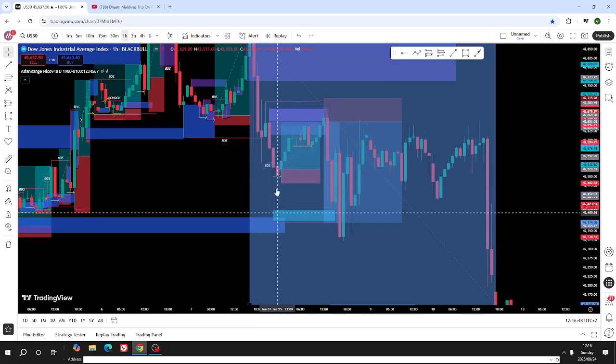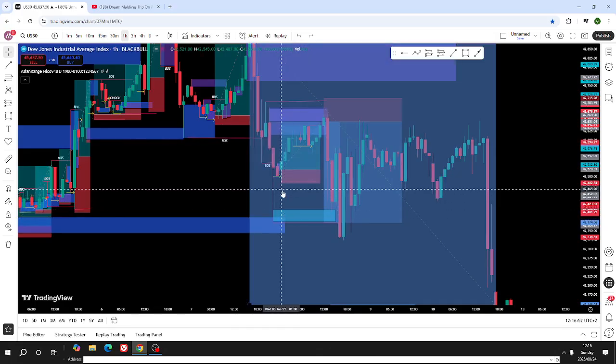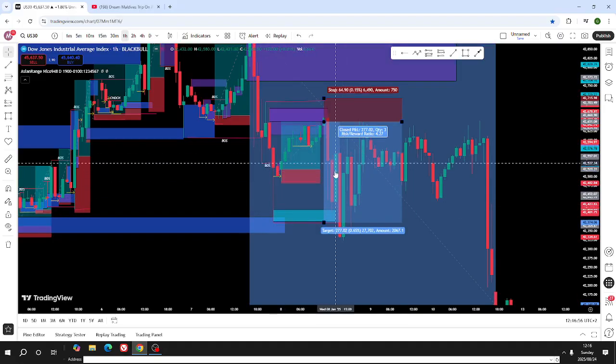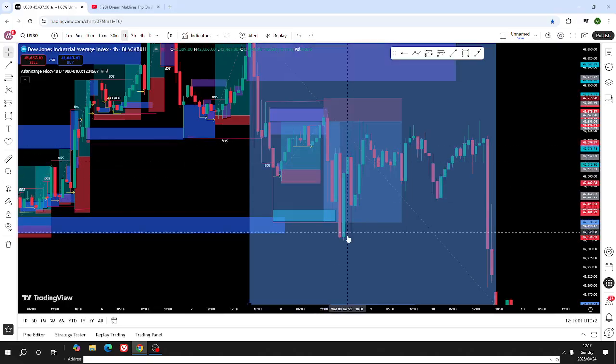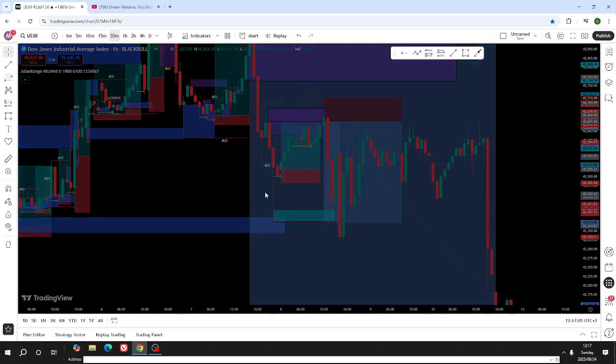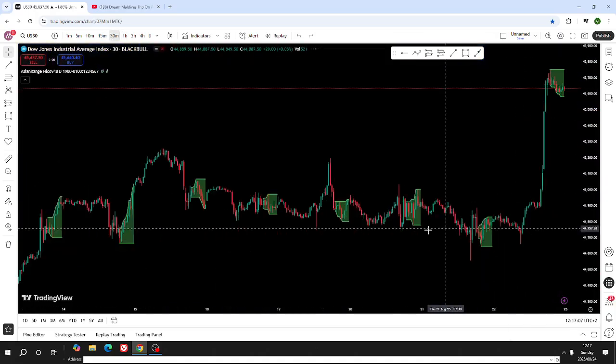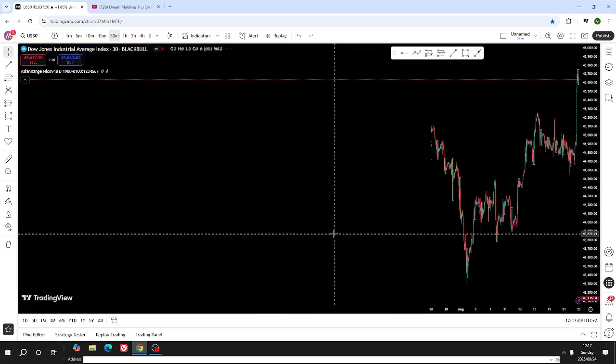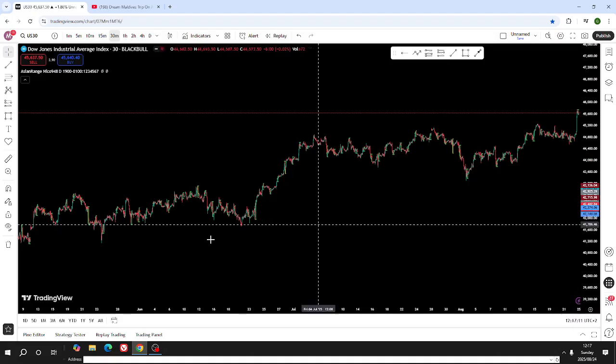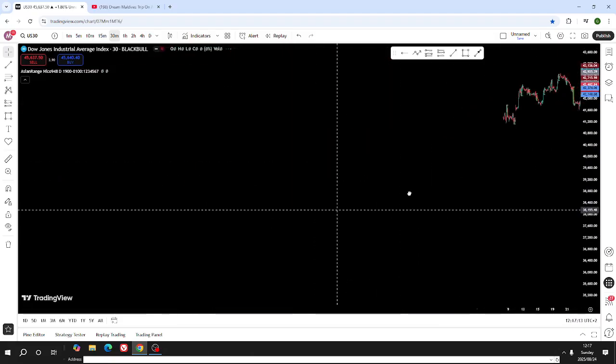It respected, for the fact that we still have a long tail without mitigation, without being filled. So market filled and respected also that order block. But then for the fact that we're going towards the downside, market took that out. So if we come back on 30 minutes, I don't know if 30 minutes will show us that type of movement.